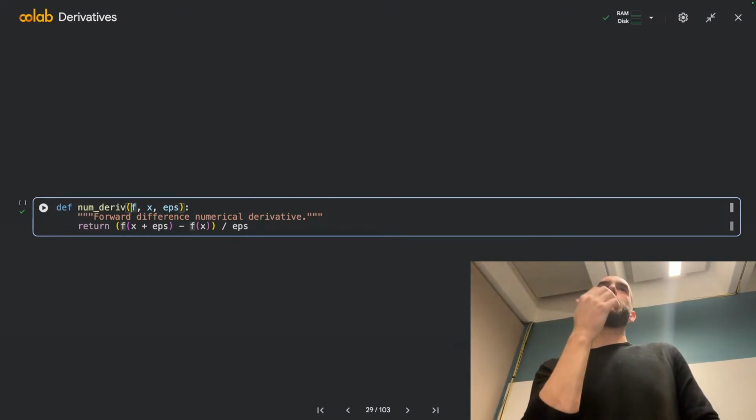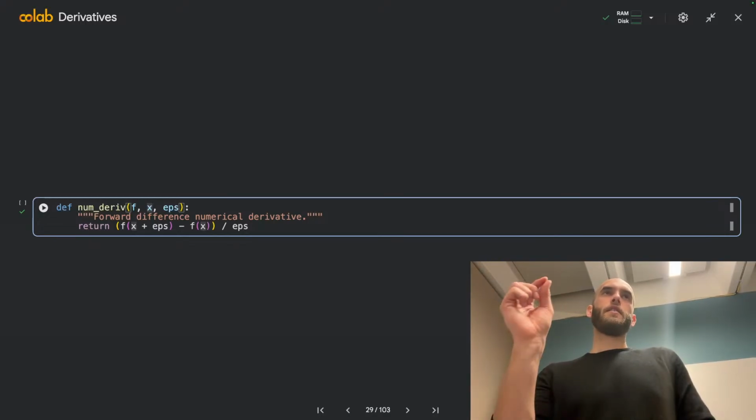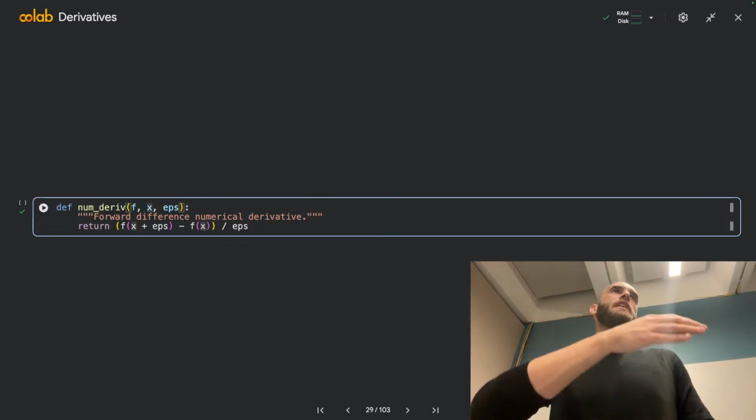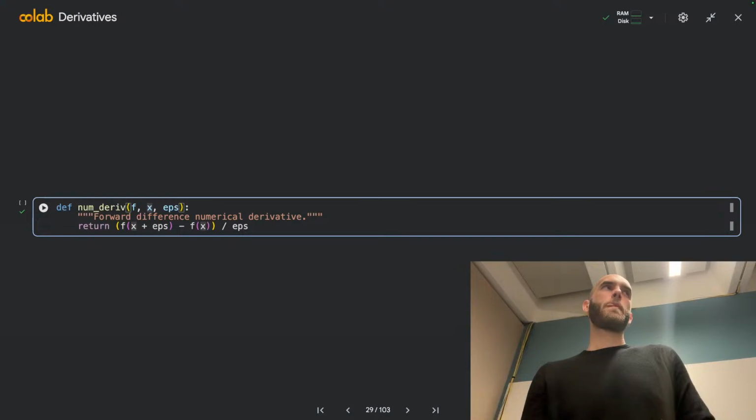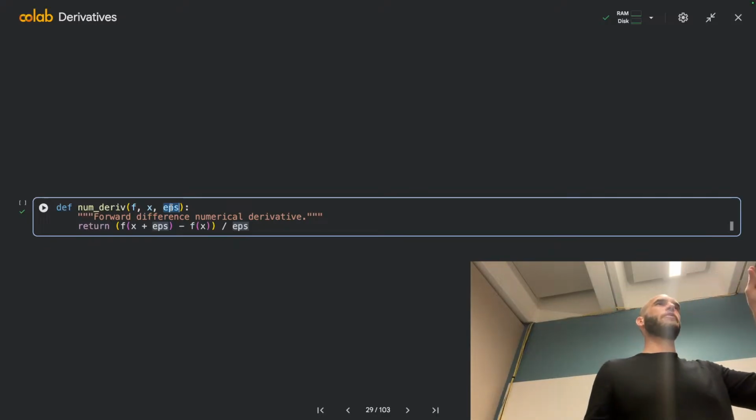And this is how mathematicians think about the derivative as a function in itself. It's an operator, I should say. Then we define x to be the variable name that we're taking the derivative with respect to. And then eps is just epsilon. We're going to define how small the increment is.